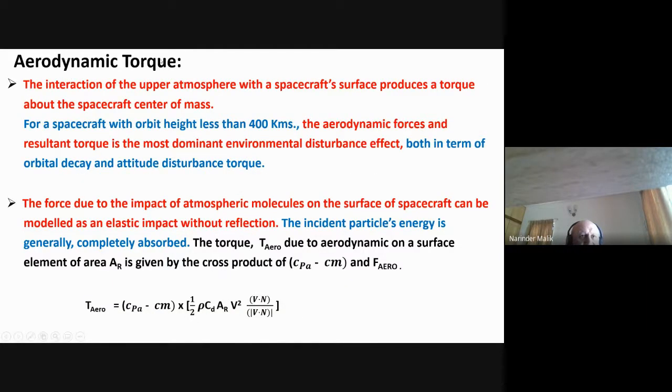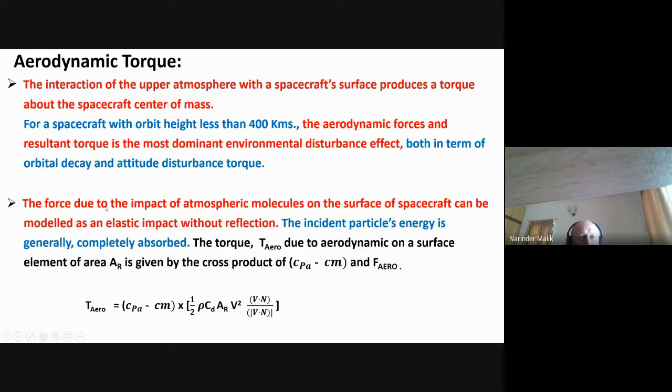Next is the aerodynamic torque. The interaction of the upper atmosphere with the spacecraft surface produces a torque about the spacecraft center of mass. For a spacecraft with orbit height less than 400 kilometers, the aerodynamic forces and resultant torque are the most dominant disturbance torque effect, both in terms of orbit decay and attitude disturbance torques.